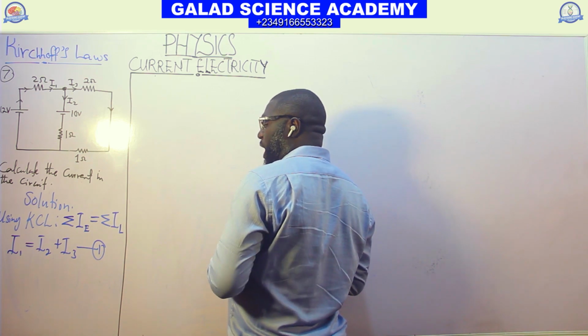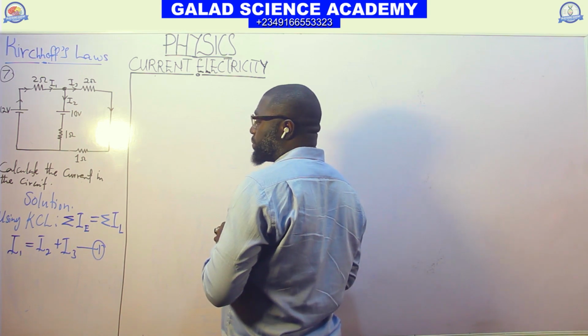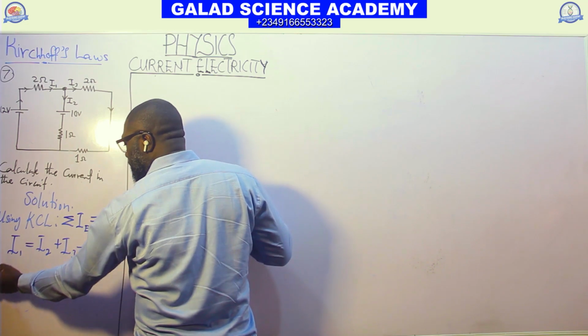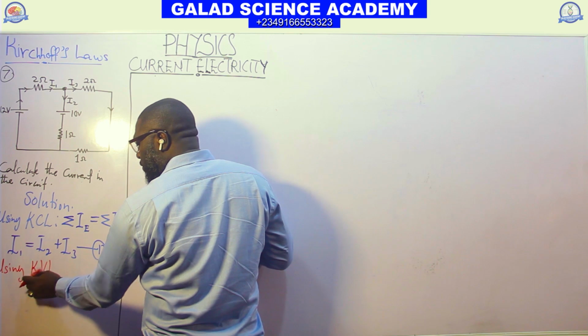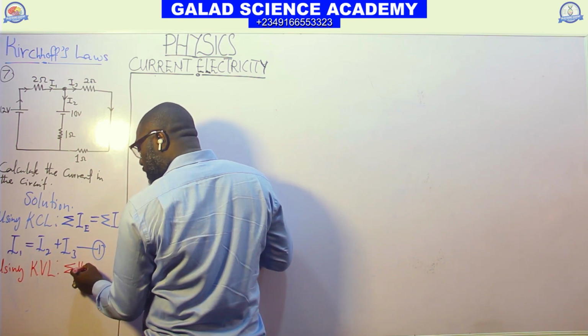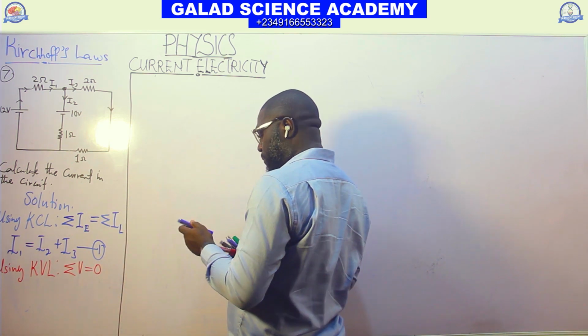The next thing that we can do is, using KVL, Kirchhoff's voltage law, the algebraic sum of voltage in the loop is equal to 0.